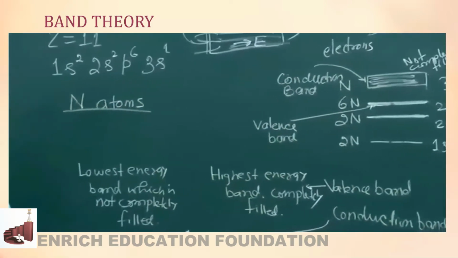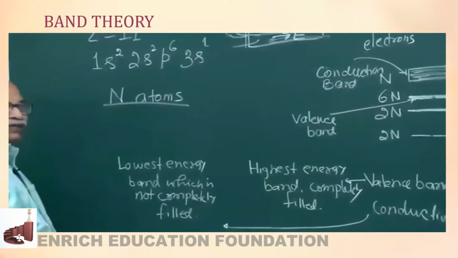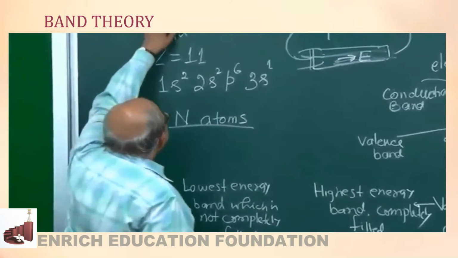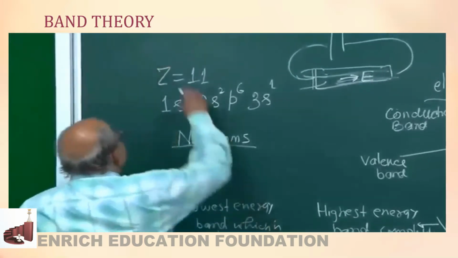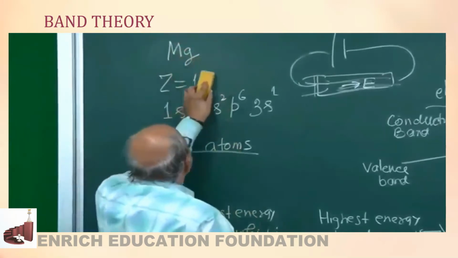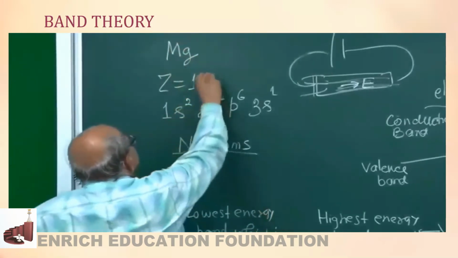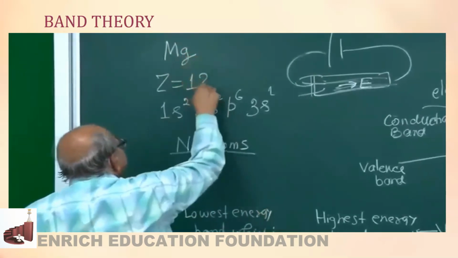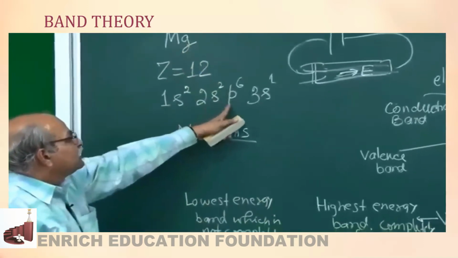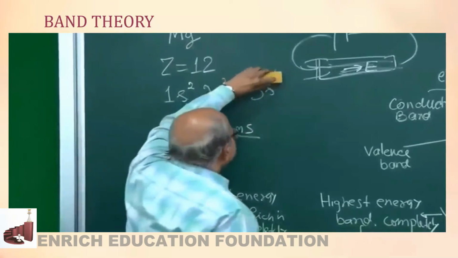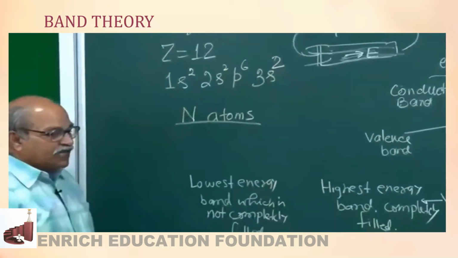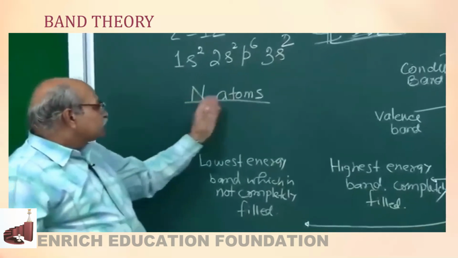What about magnesium? Let us suppose now we consider magnesium, Mg. Here Z is equal to 12. So for each atom, the configuration will be 1s2, 2s2, 2p6 and 3s2. And suppose I have n atoms of magnesium.